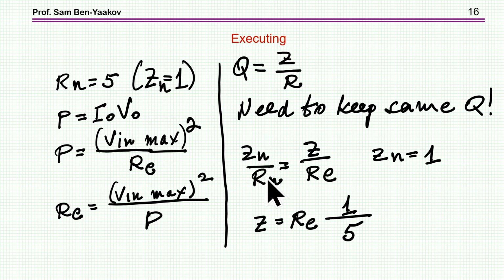And I'm now relating the quality factor of this normalized circuit, in which Z sub n is 1 and R sub n is 5, to what I need in reality, which is a Z which I don't know. I'm going to calculate it, and RE I already know what it is. From here I'm calculating the characteristic impedance needed in the real system.